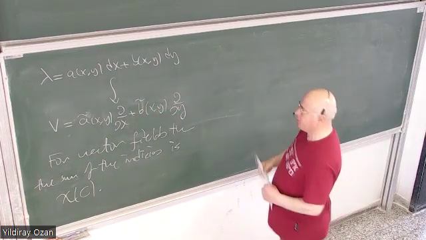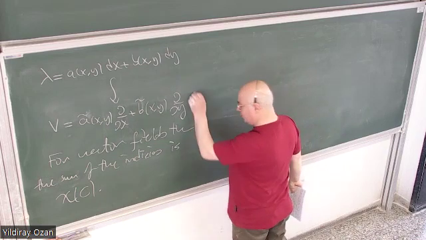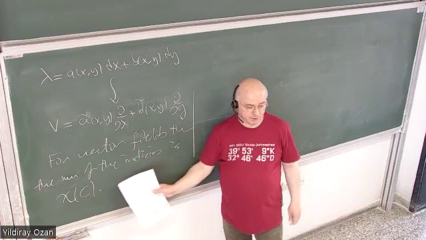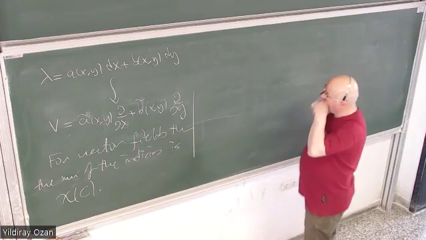I will not explain that, but let me explain this, okay? So for a vector field, this number is the Euler characteristic.